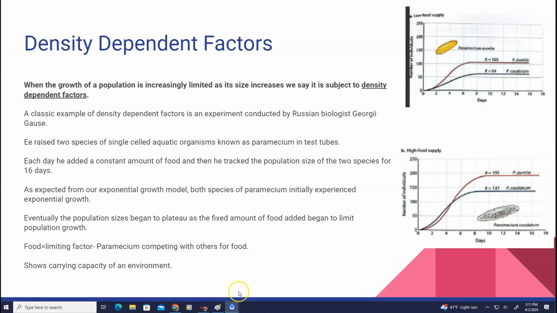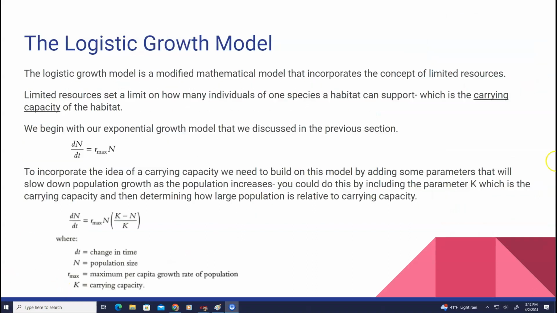We would see that those populations, in a low food supply and a high food supply, show exponential growth at first, but both would end up plateauing based on that limiting factor of food as the carrying capacity. So the logistic growth model is the mathematical model that incorporates that concept of limited resources. It's taking the carrying capacity of the habitat into play.